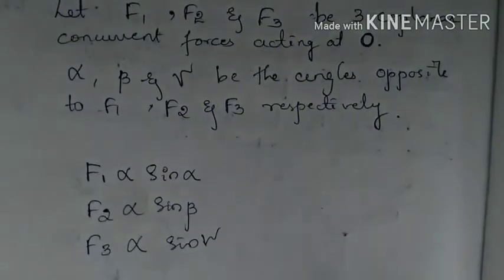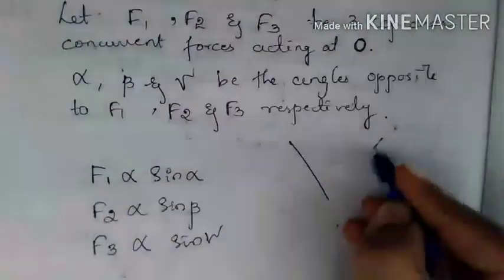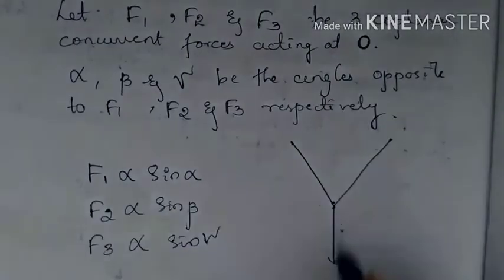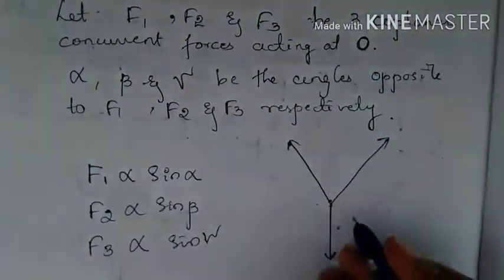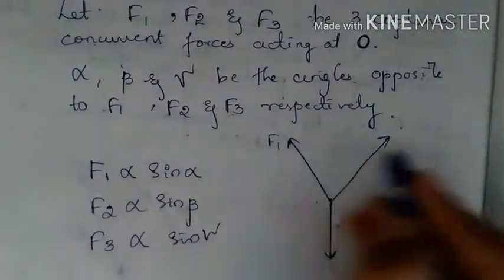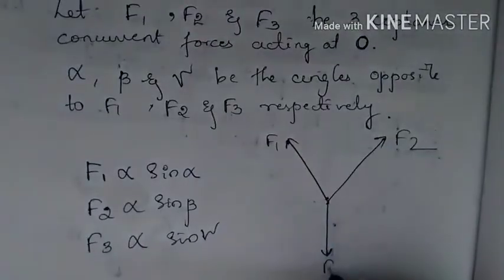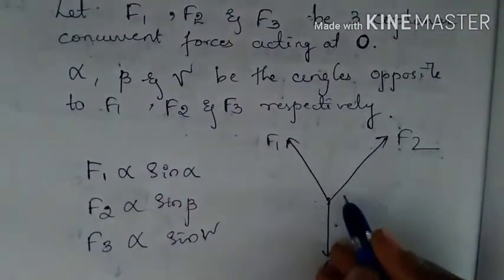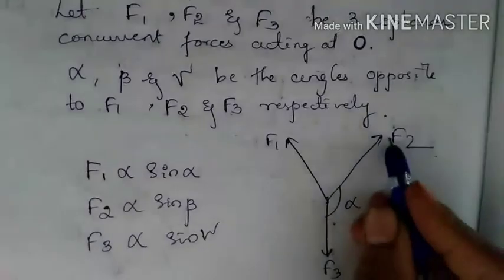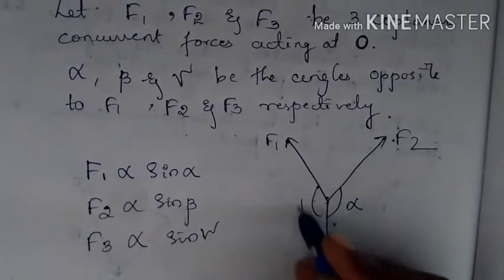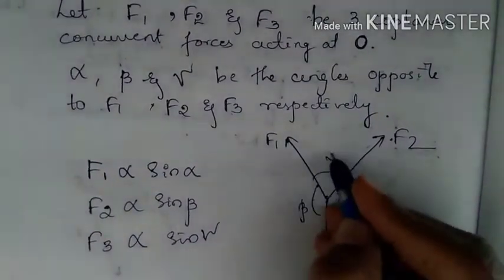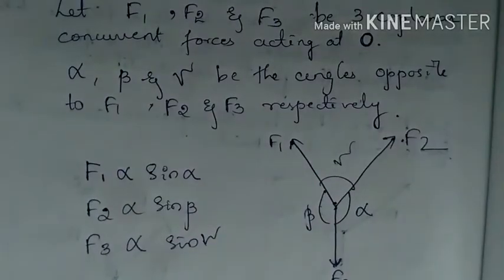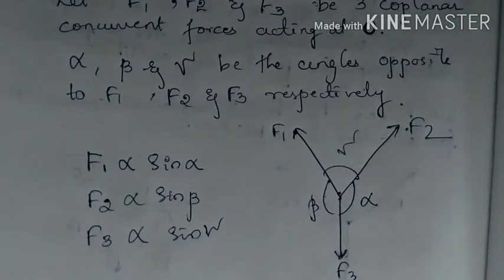To understand this more, let us draw the diagram. Here you have F1, F2, F3. Opposite to F1 there should be alpha, opposite to F2 there should be beta, and opposite to F3 there should be gamma. That is what they have stated in the above lines.